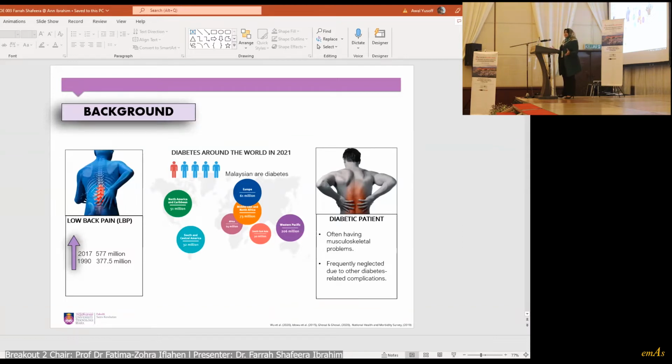When we talk about diabetic patients, we often get feedback, and studies also report, that they often have musculoskeletal problems. However, this has been frequently neglected because of other complications, for example nephropathy or retinopathy.